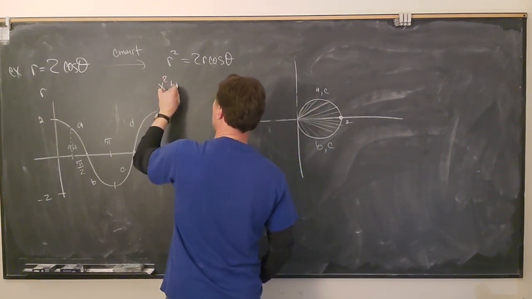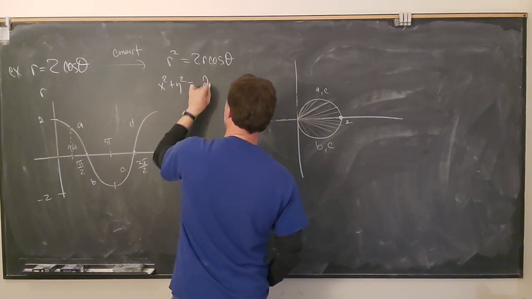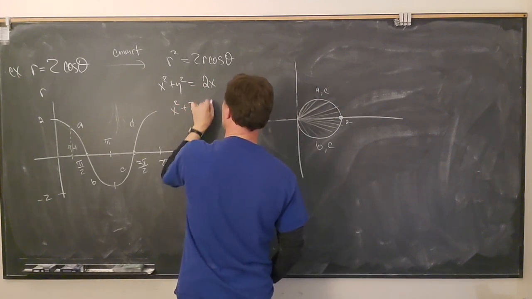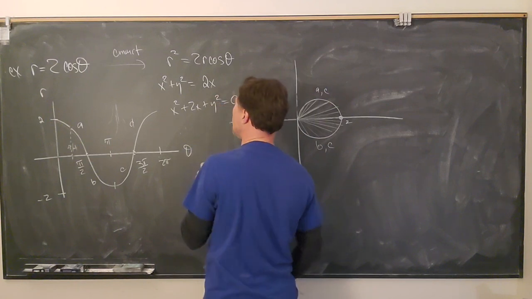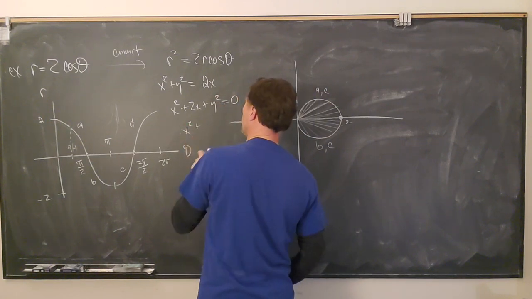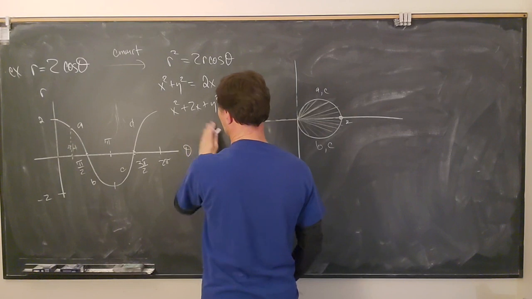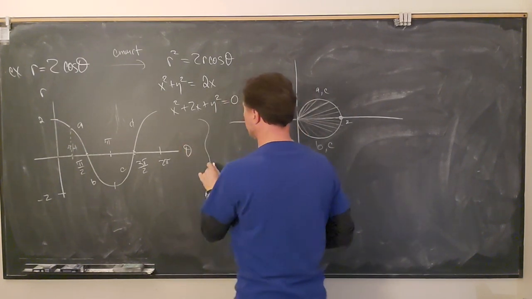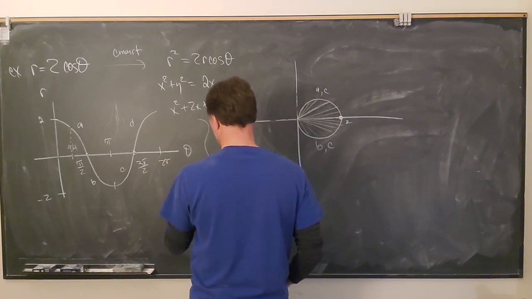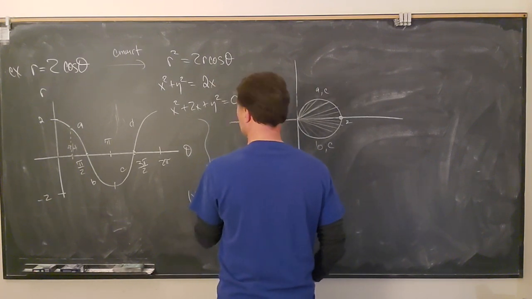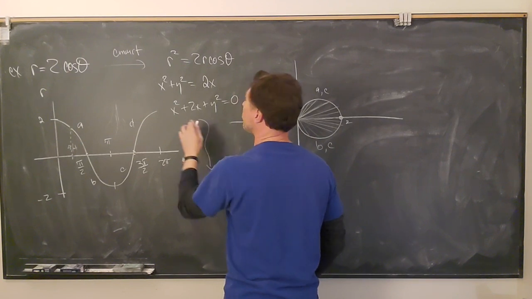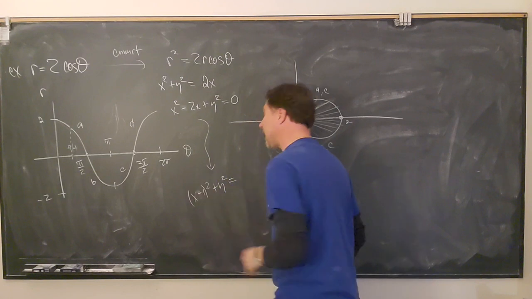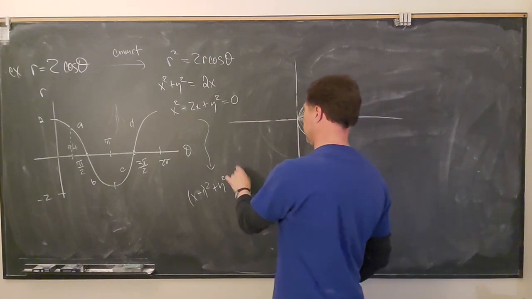Now convert x squared plus y squared equals 2x. That becomes x squared minus 2x plus y squared equals 0. Complete the square: I'm going to add 1 to both sides, so what we'll get is x minus 1 quantity squared plus y squared equals 1.